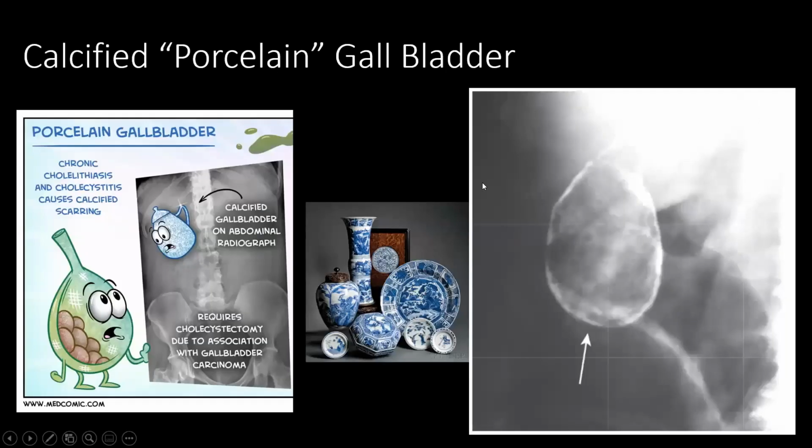The other calcification that you might see, and it has more of a pathologic significance, is the porcelain or calcified gallbladder. Now, porcelain, because when I want to excise it during surgery, when I open up the abdomen of this patient, it will look like porcelain, the color of porcelain, which is this shade of blue.